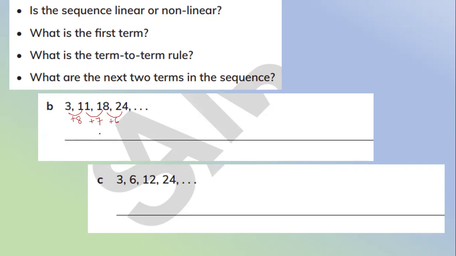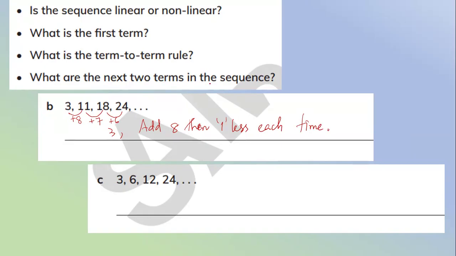What is the first term? First term is 3. And what is the term-to-term rule? Add 8, then add 7, then add 6, one less each time.